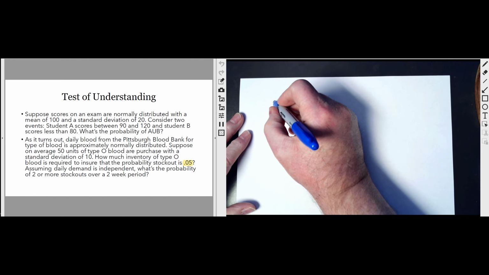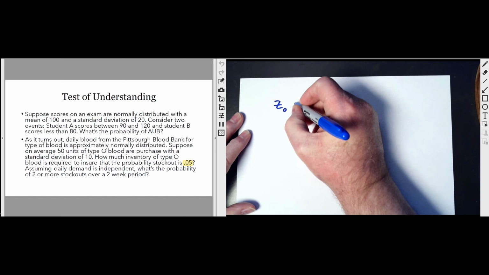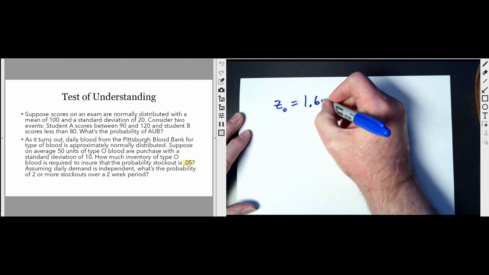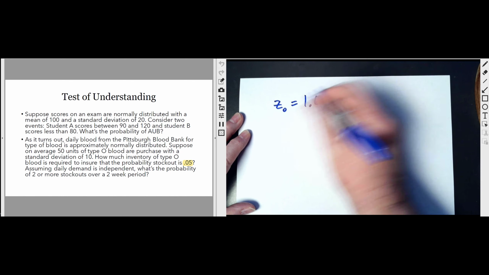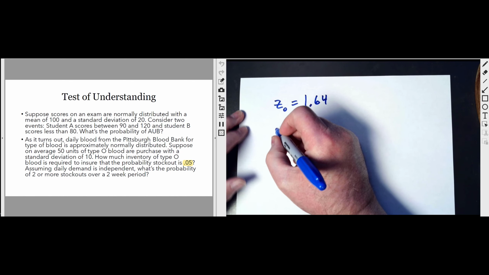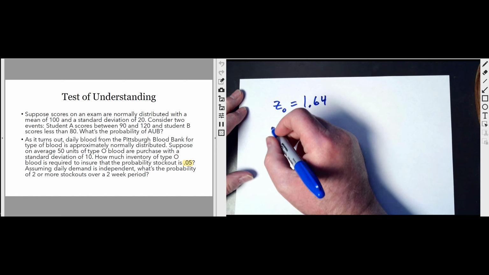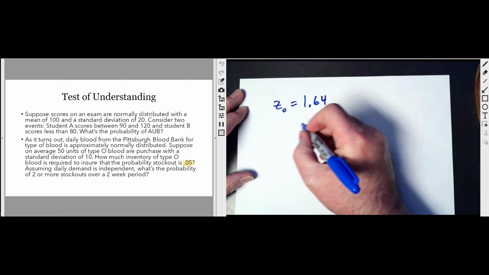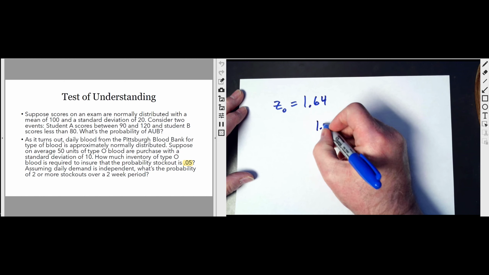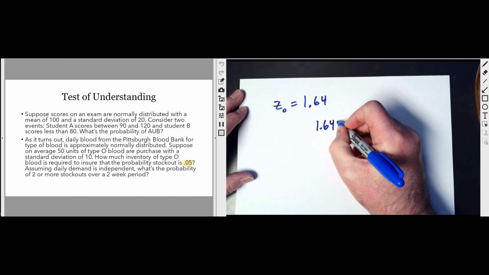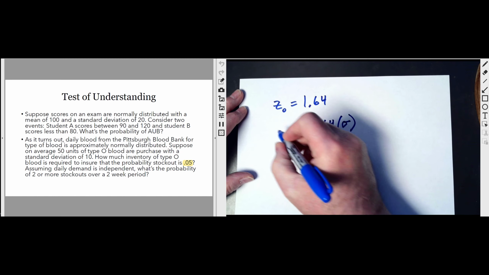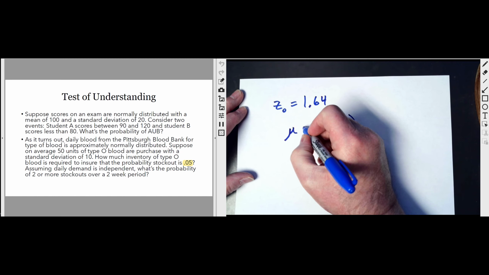Our z-score is 1.64. Therefore, the amount that we actually need is going to be that z-score times the standard deviation plus the mean.